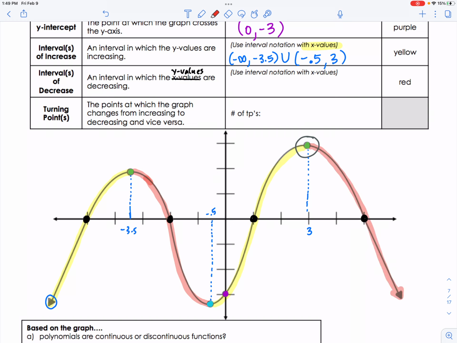Remember that we're looking at the x values, so this was negative infinity to -3.5, and this is positive infinity over here.